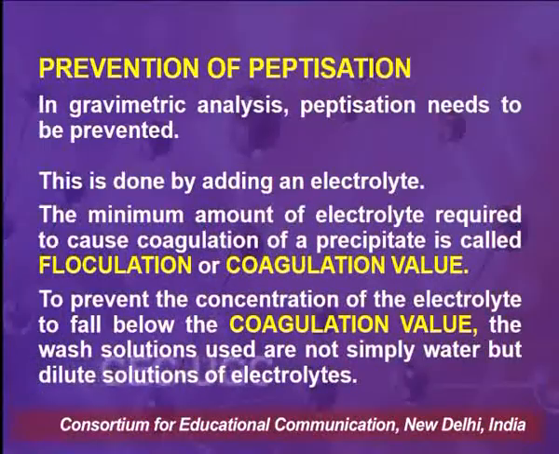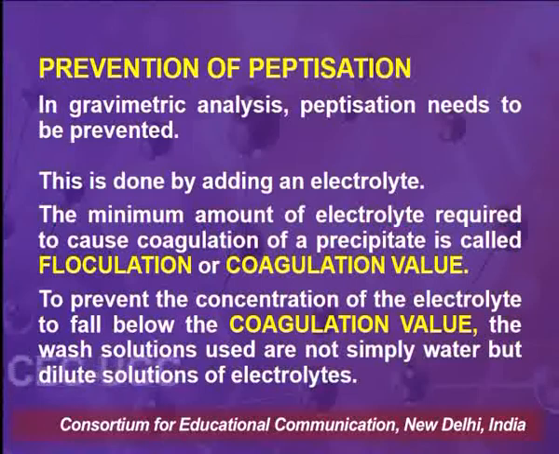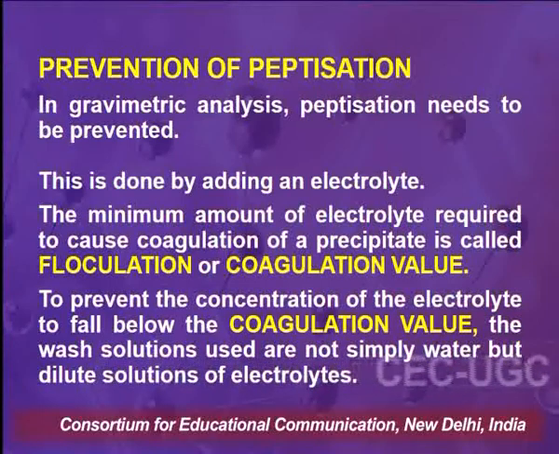That is, once a precipitate has been formed and it needs to be analyzed, then after the formation of the precipitate, that precipitate needs to be first washed before filtering it. For washing a precipitate, wash solutions are needed, and wash solutions are simply not water but a very dilute solution of the electrolyte. This is because if we are washing the precipitate simply with water, then the concentration of the electrolyte which is already present in the precipitate might fall below the coagulation value, and it might result in the passing of the precipitate into colloidal form.